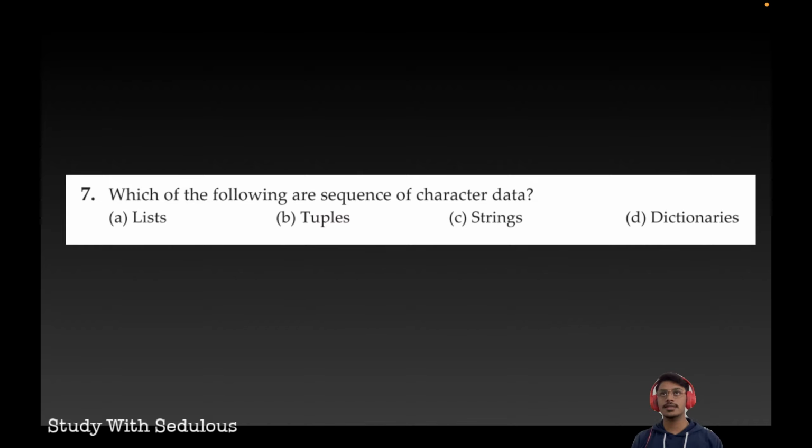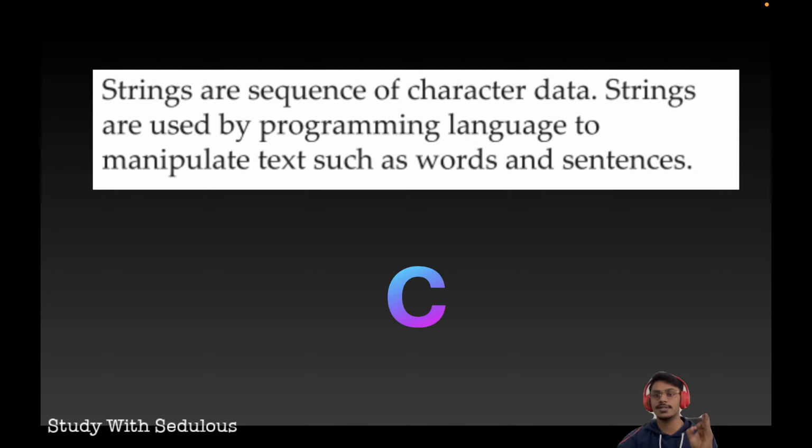Yeah, we can say object. But string, that's the basis. String is the sequence of character data. To be more precise, string is the one. Is it? Yes. Strings are sequences of character data. Strings are used by programming languages to manipulate text such as words and sentences.